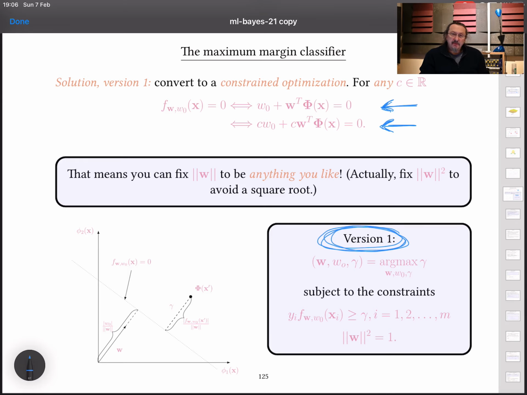We can try and maximize the value of gamma, which is a distance between the decision boundary and some training point, subject to the constraints that our weight vector has a length of 1, and this quantity is at least gamma for every training example. Okay?